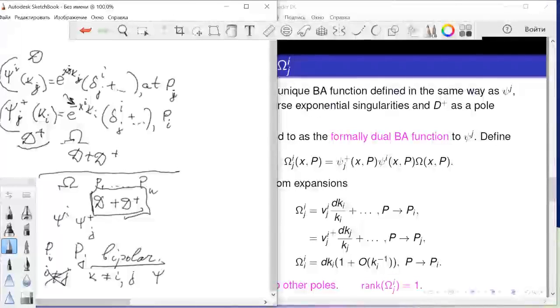Psi i, besides the exponential part, its expansion starts from 0 at the point pk, and then the terms of order 1.